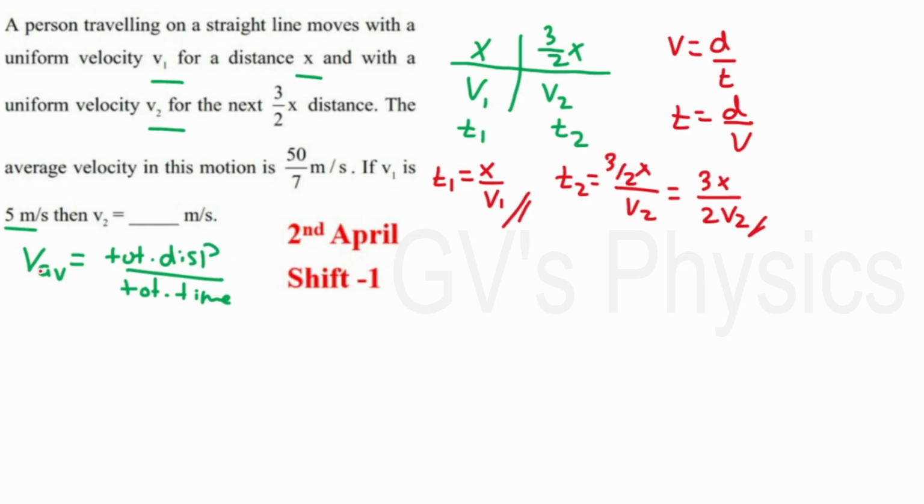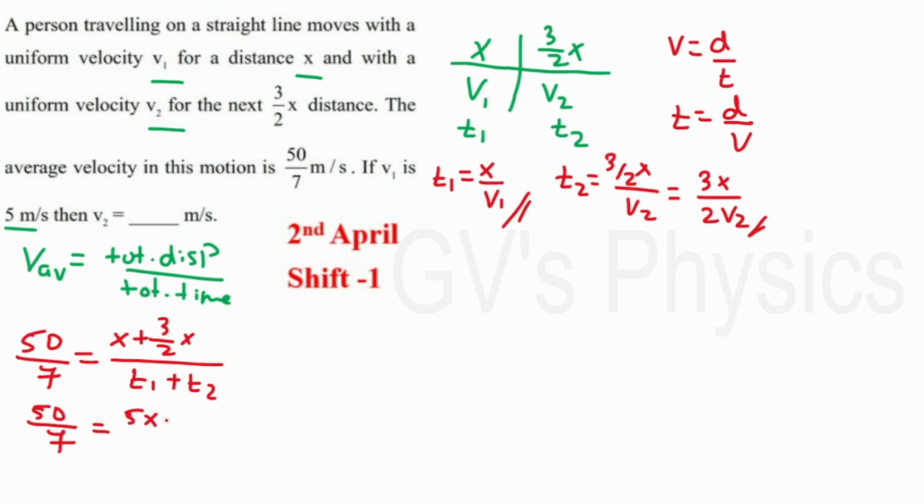So we can substitute in the general formula. Here the average velocity is 50 by 7. So 50 by 7 is equal to total displacement x plus 3 by 2x, which we substitute, divided by total time t1 plus t2. If we cross multiply, we'll get 5x by 2.